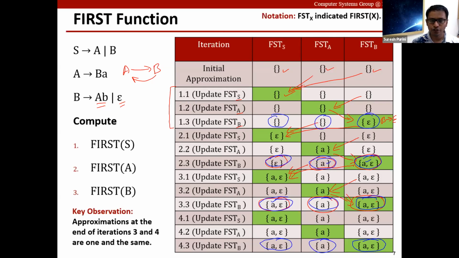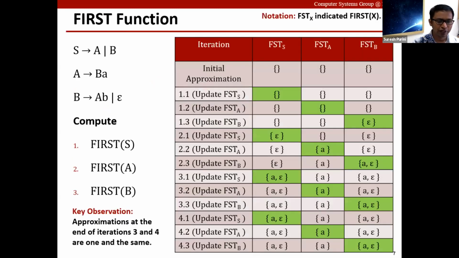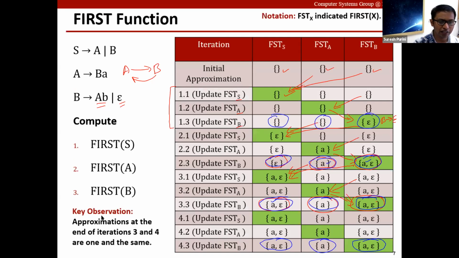There are a few questions that we would like to ask whenever we take a fixed point iterative approach to compute functions. The first question is, does the initial approximation matter? Of course, yes, because here we started with an under approximation.